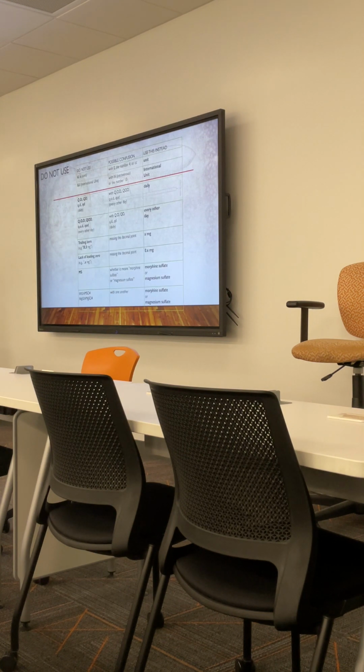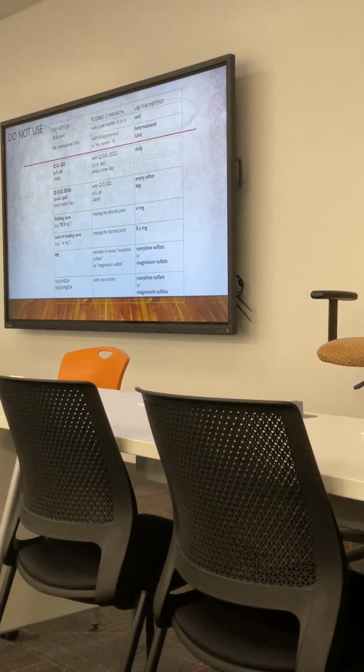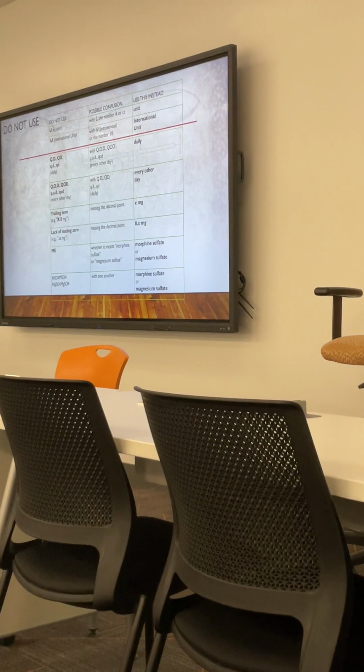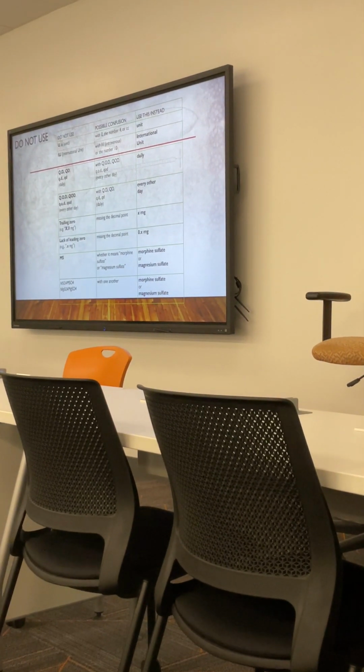So here are the most common mistakes that get made in regards to abbreviations. Stay away from them, okay? And what you're supposed to do if you need to write it down: even potassium, if it's going to be given, you have to write it down as potassium. You can't write K. You can't write Mg. You can't write Ca.